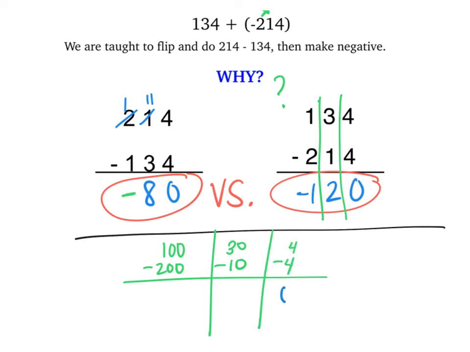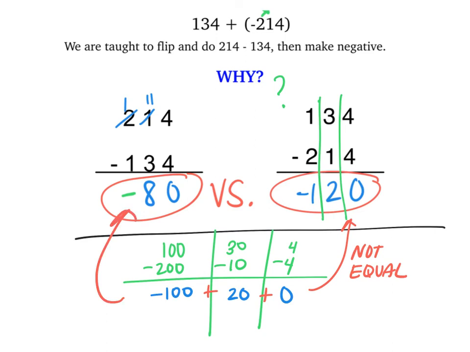So 4 minus 4 gives me 0, 30 minus 10 gets me 20, but 100 minus 200 gets me negative 100. And when I add those together, it does not equal negative 120 because those are different signs. Negative 100 plus 20 plus 0 technically is equal to negative 80.